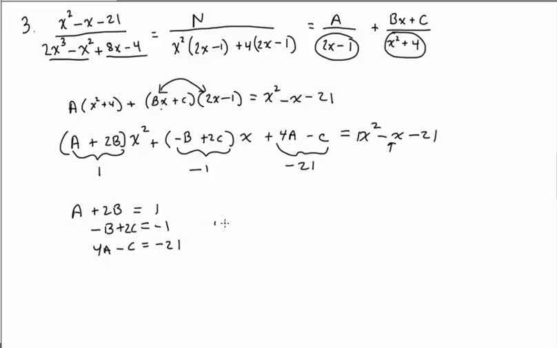Dot dot dot, we'll solve it later, but a will come out to be negative 5, b will come out to be 3, and c will come out to be 1. To finalize our decomposition, negative 5 over 2x minus 1 plus 3x plus 1 over x squared plus 4.